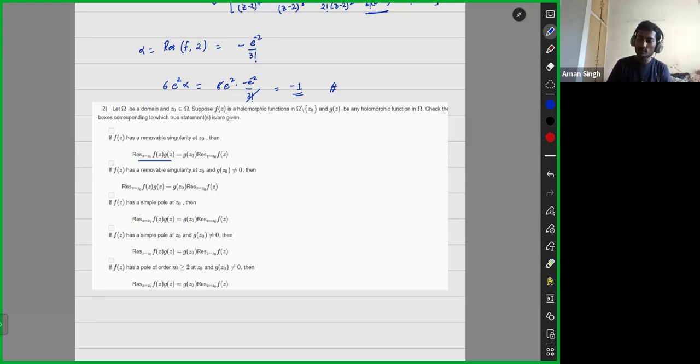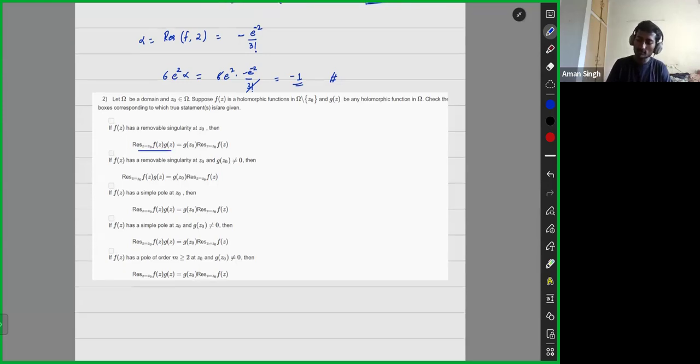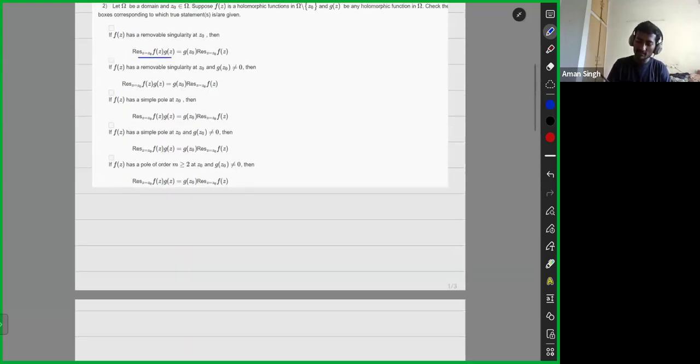Now we know, you expand them into Laurent series expansion. What happens? Because it was holomorphic, you get no negative degree terms. So the residue will be zero. So for the A part, f with a removable singularity means holomorphic.